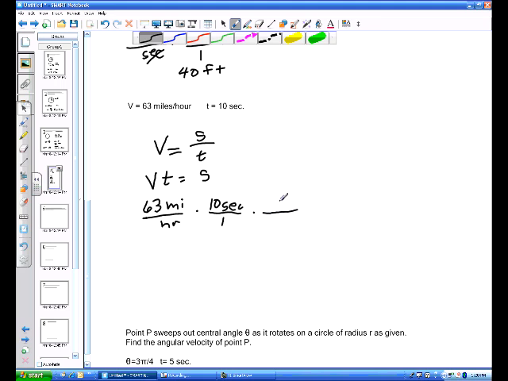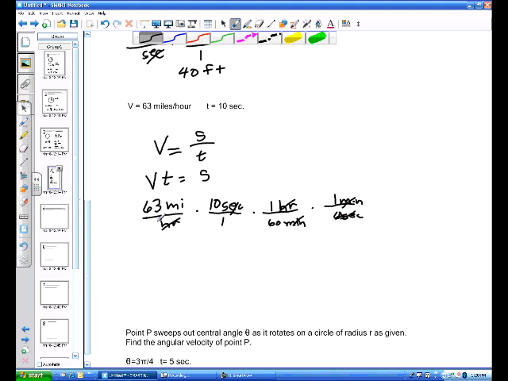I may not know how many seconds in an hour, I really do, but let's just go with, we know that in 1 hour there are 60 minutes, and in 1 minute there are 60 seconds. This is using dimensional analysis to help us change our units. So we're going to cancel our hours, we're going to cancel our seconds and our minutes, and we're going to be left with a unit of length, which is what we want.